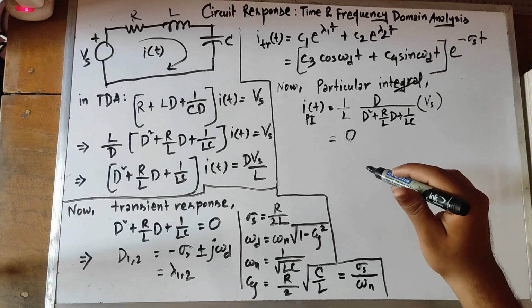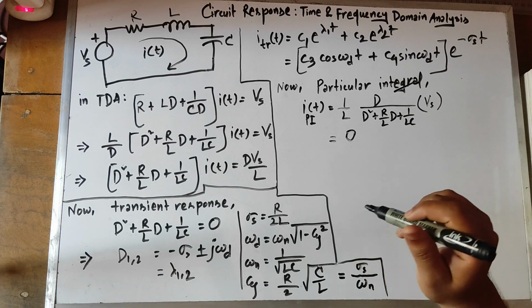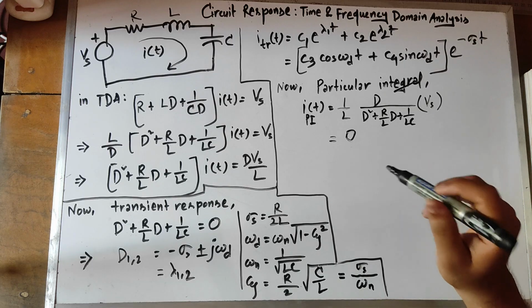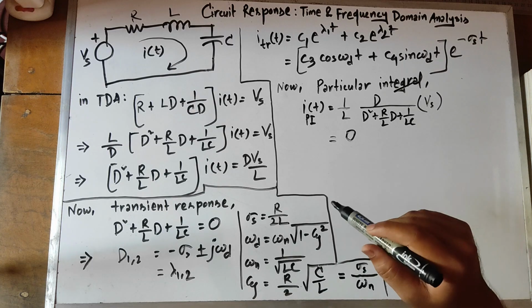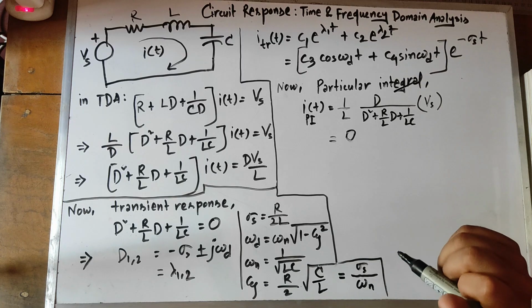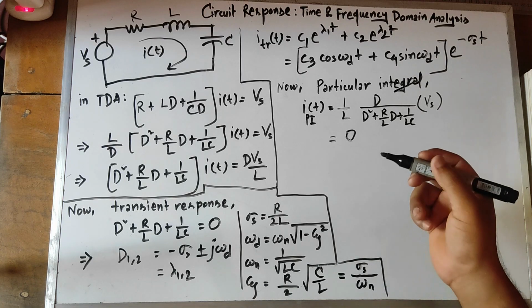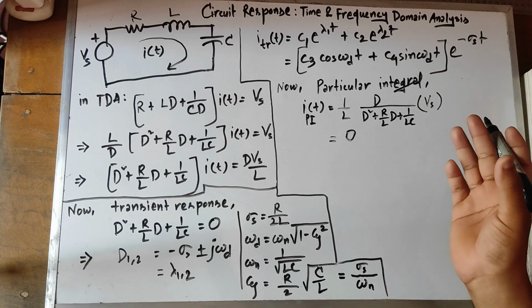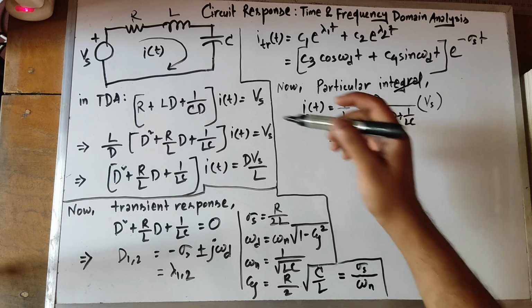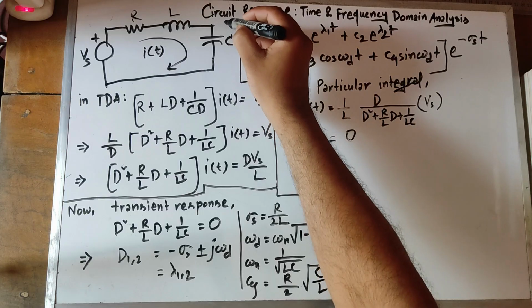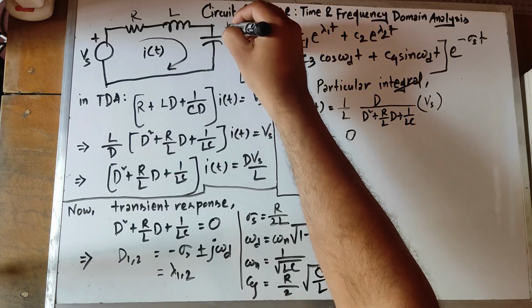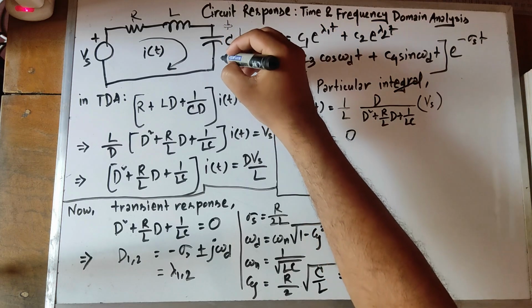So the steady state current response of the series RLC circuit is 0. And it is obvious because in steady state there will be no current, and the voltage across the capacitor will be vs, the input dc value.